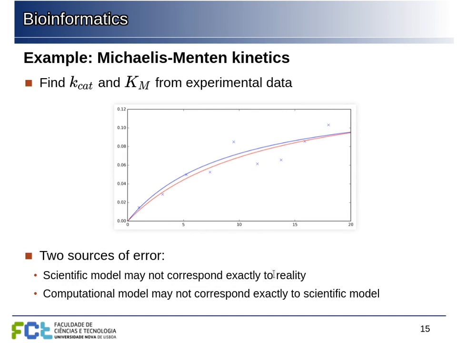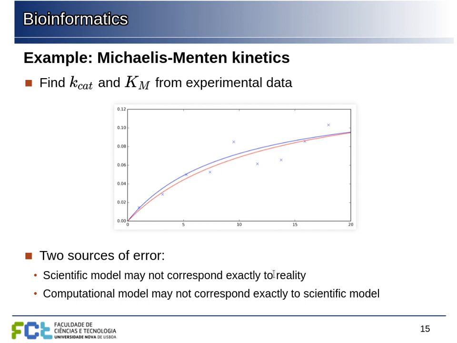So not only do we have the problem that data is noisy, every time we try to gather data, we also have a problem that scientific models may not correspond exactly to reality, but rather they give us an approximation in some conditions or under some assumptions that simplify the model. But then when we try to put these scientific models into the computer so that the computer can tell us some result, we have to bear in mind that the computational model itself will not necessarily correspond exactly to the scientific model.